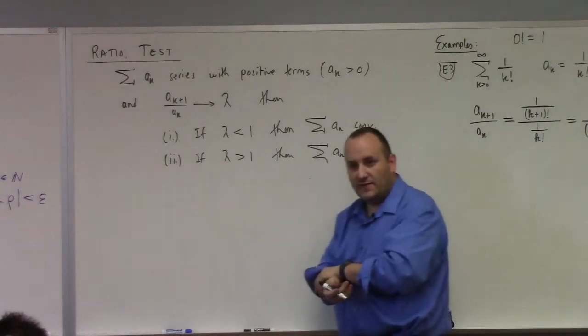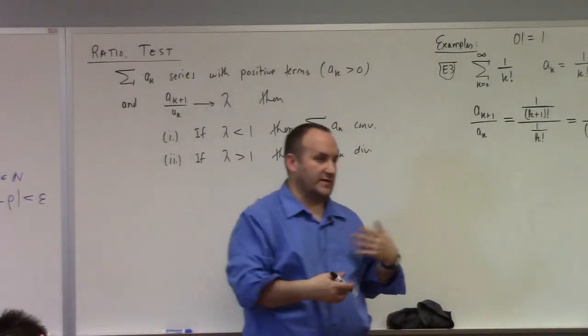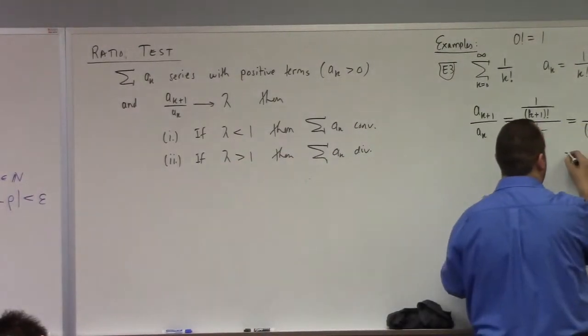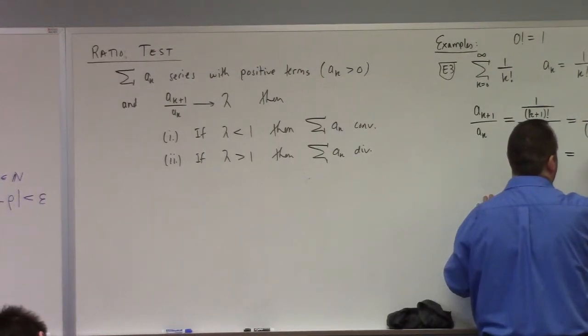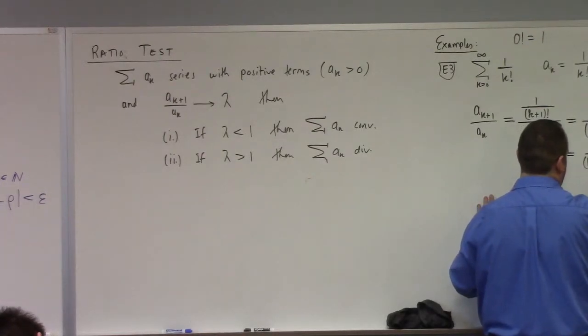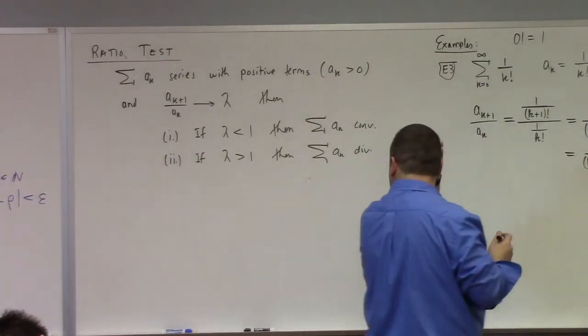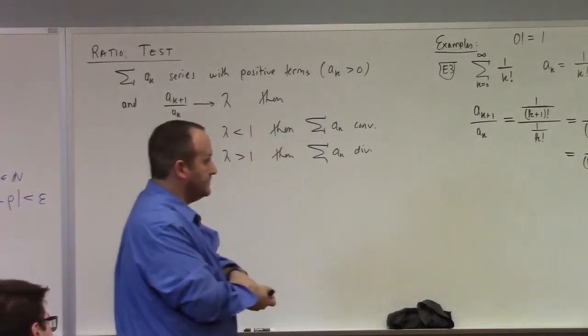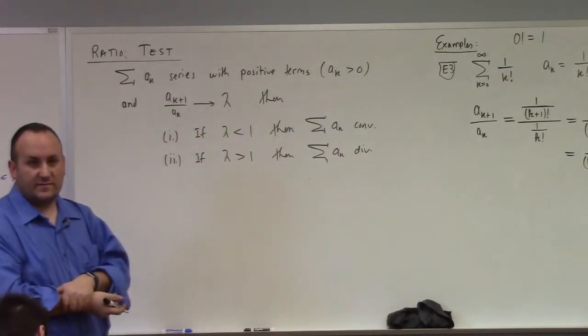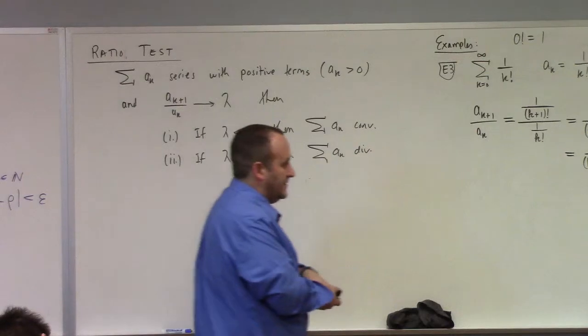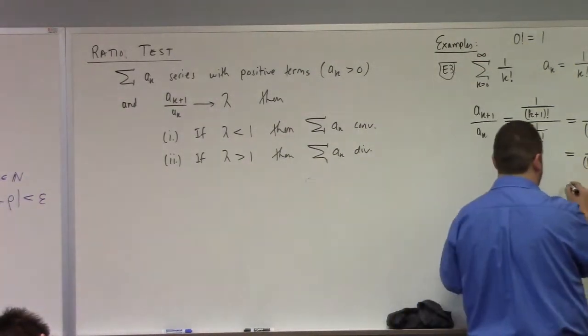But how did we define factorial? Recursively, right? So like k plus 1 factorial can be rewritten k plus 1 times k factorial, right? So what happens? The k factorials will cancel, right?